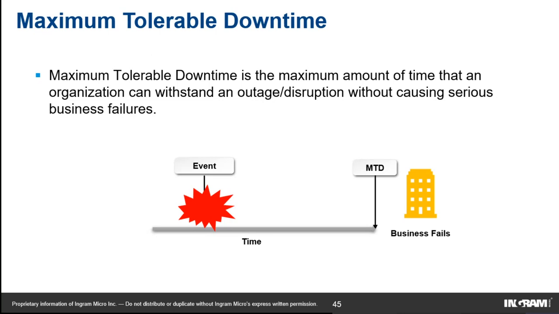There is something called recovery point objective. There is something called recovery time objective. Anyone is aware of that? Yeah, especially technical guys know about it. Database admins would be knowing about these RTOs and RPOs.